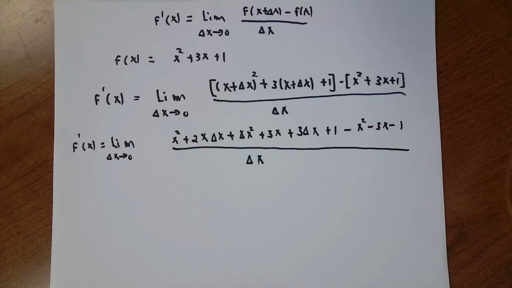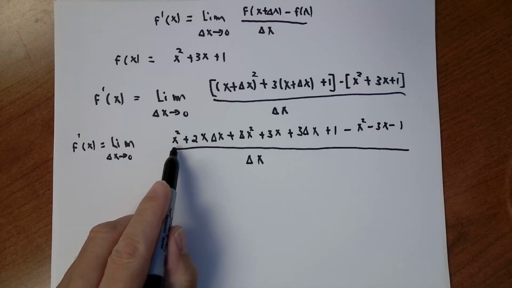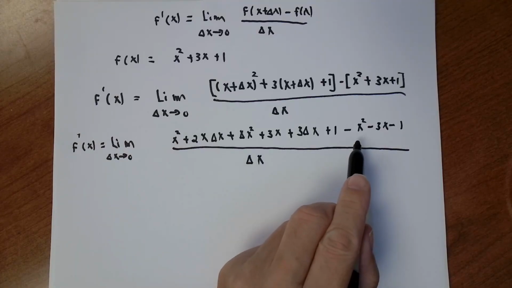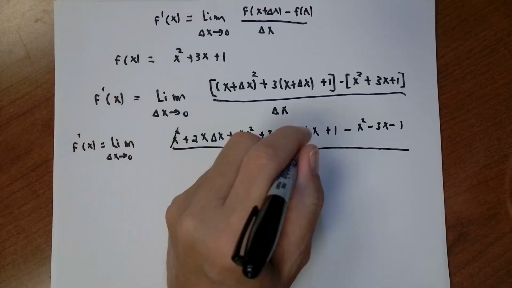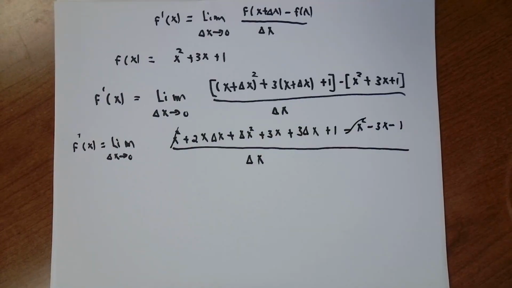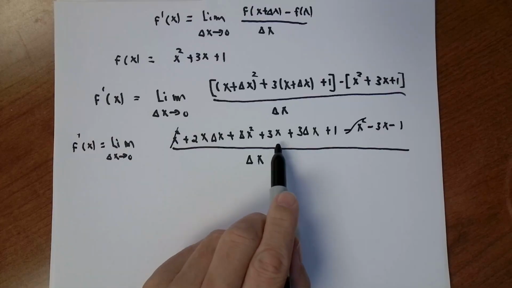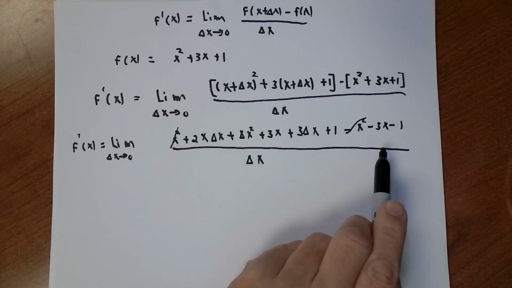The result is fairly horrible looking, but luckily some things will cancel out. I have an x squared term there, and then later on I subtract x squared. Those cancel out. There is a 3x term here.